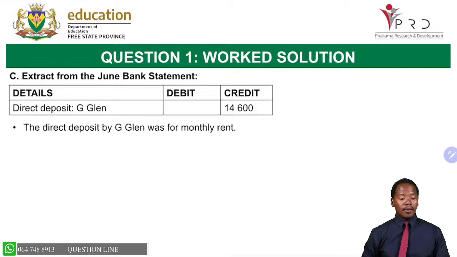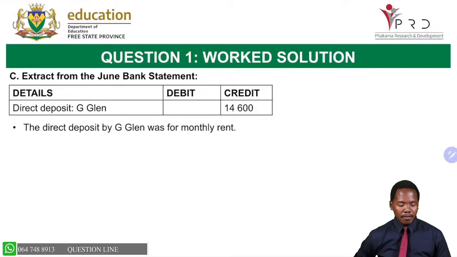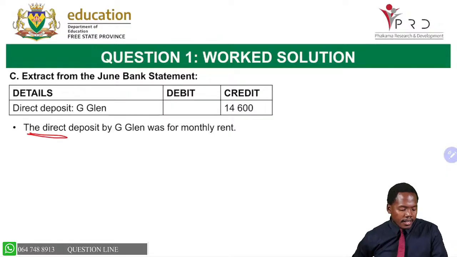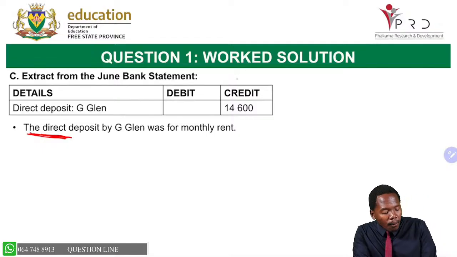Next item now. Here we are given the bank statement. There's a direct deposit of G-Clan, 14,600. Now, what are they saying about that? The direct deposit by G-Clan was for monthly rent. Remember, what did I say to you? I said the direct deposits must go into our CRJ.